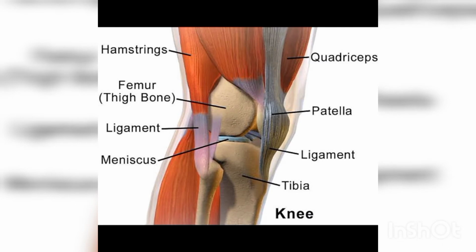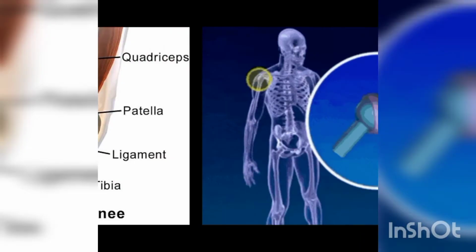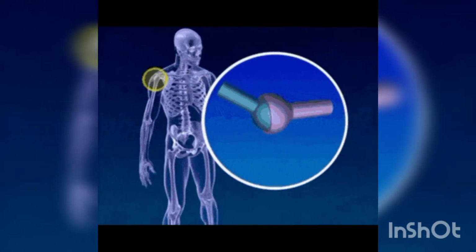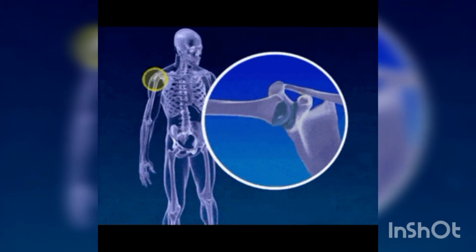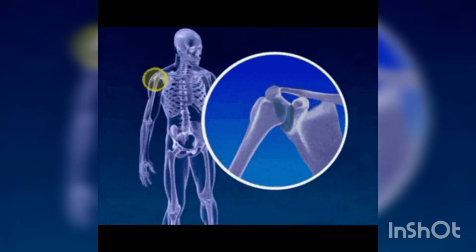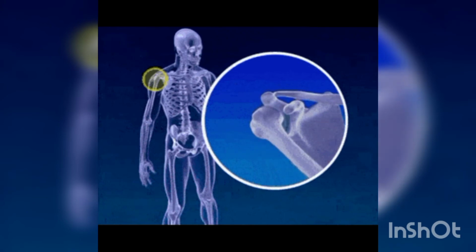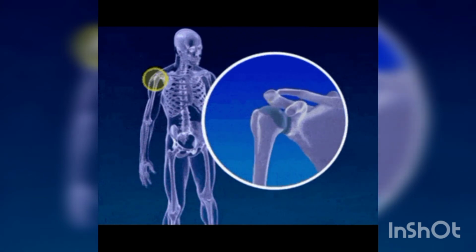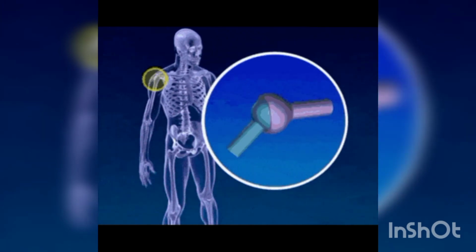In our body, there are different joints. Except the skull joint, all other joints are movable. Let's see the different types of joints. First one. In this figure, you can see the bone can rotate, bend and stretch. The bone can do this because the joint is a ball and socket joint.